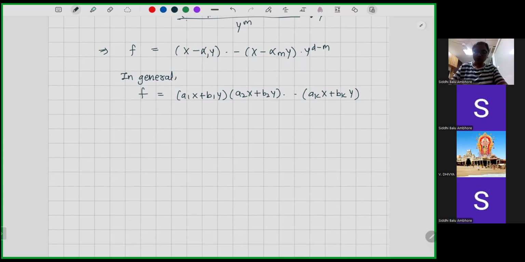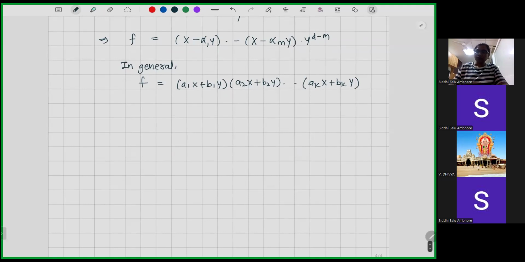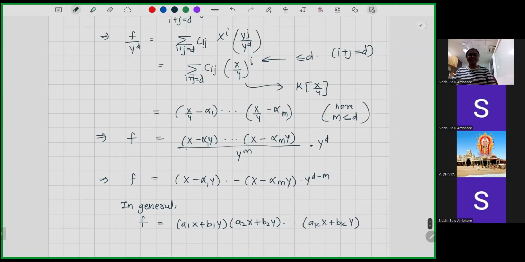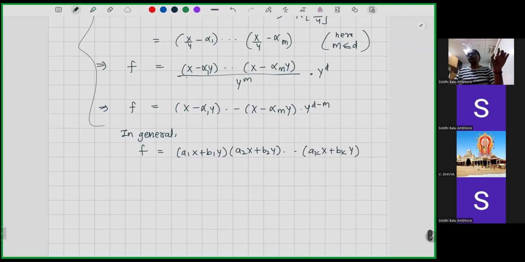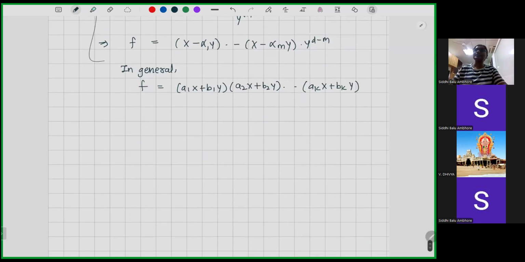Instead of writing this f as x minus alpha 1 and so on, I'm writing this f in general form. This part is just to explain that f can be written as a product of linear forms in k[x,y].